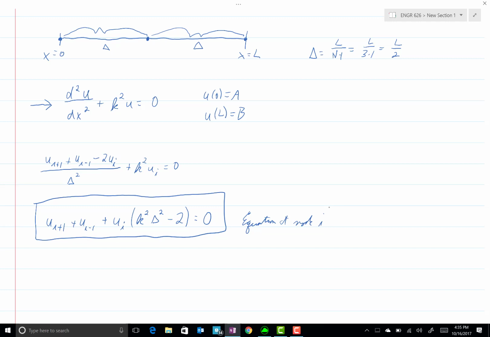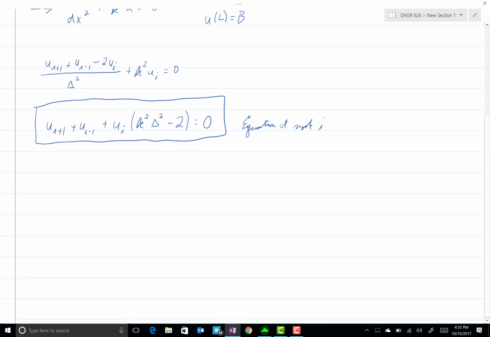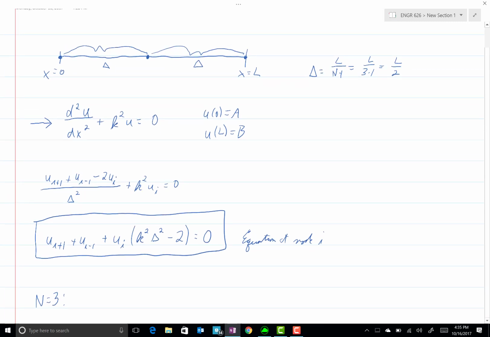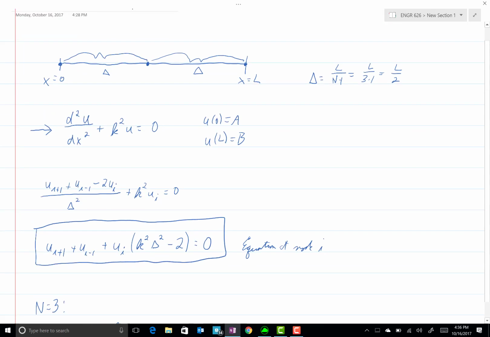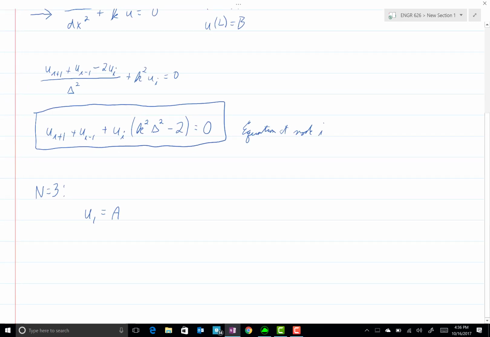So, for instance, in this first case where we have just 3 nodes, n equals 3. At our first node, we have u1 is equal to a, because u1 here is the node at the leftmost boundary.